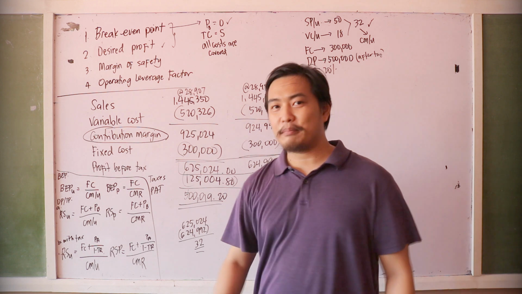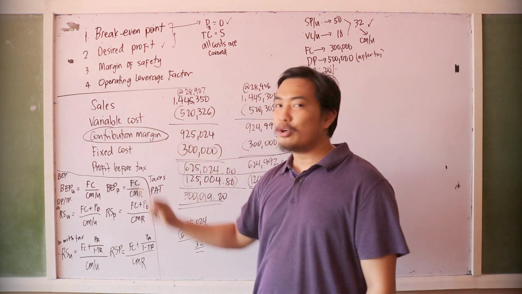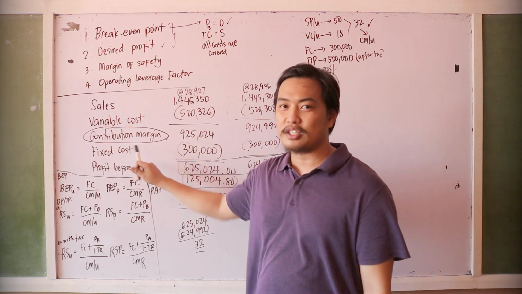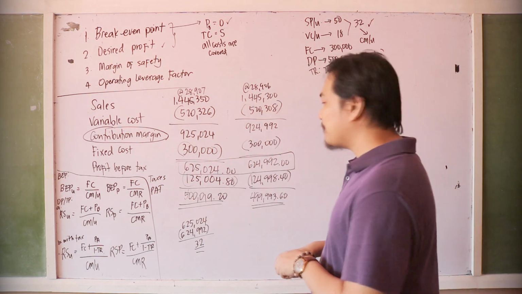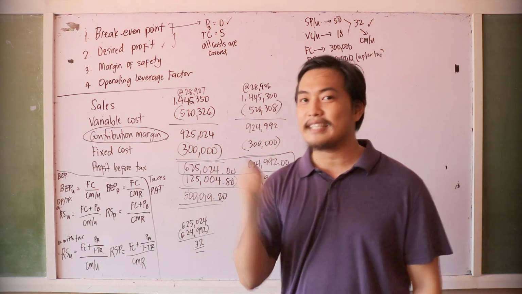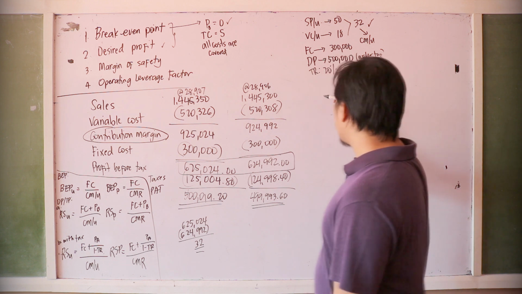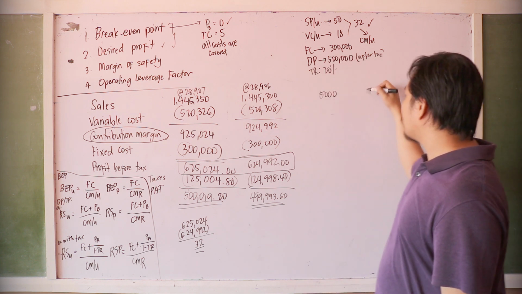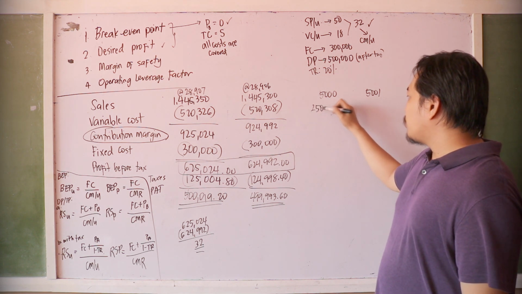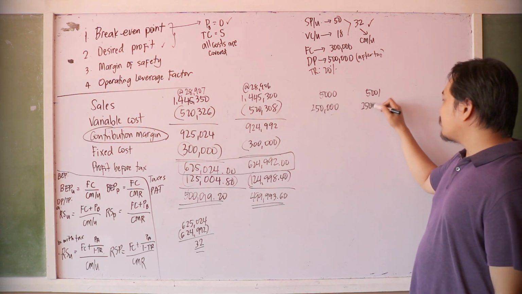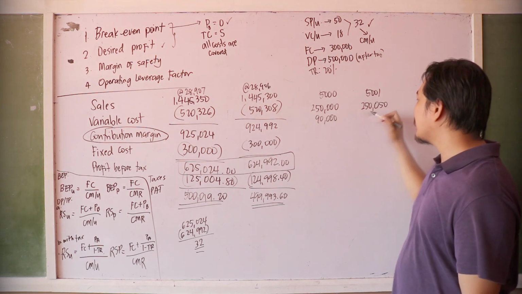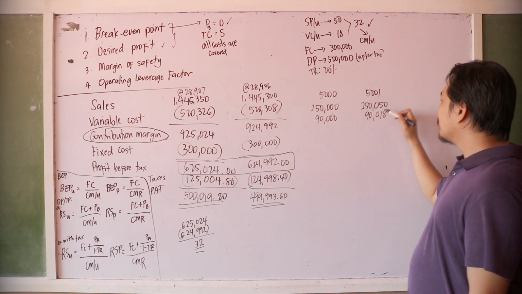If you are below the break-even point, ang behavior ng contribution margin is that it contributes to the coverage of your fixed cost. Let's take an example that is below the break-even point. Remember that the break-even point computed a while ago is 9,375. So, kuha tayo, let's say 5,000 and 5,001. Compare natin. So, sales would be 250,000, dito naman 250,050. Dito naman 90,000 yung variable cost niya, dito 90,018.